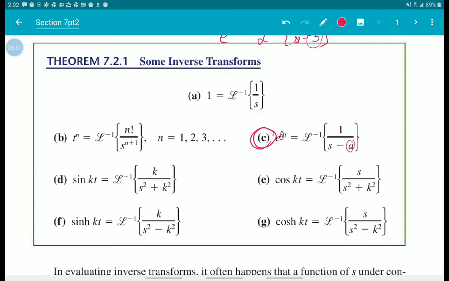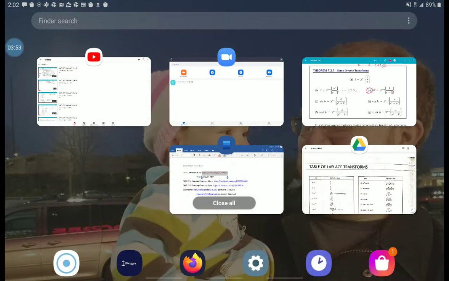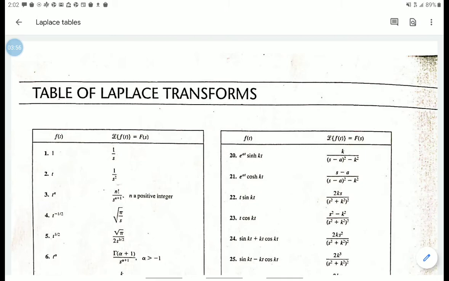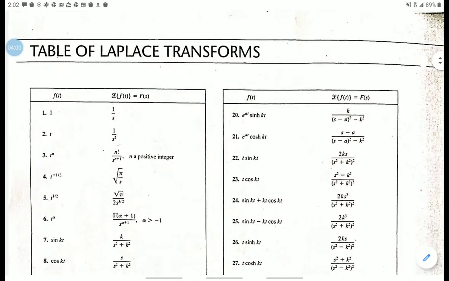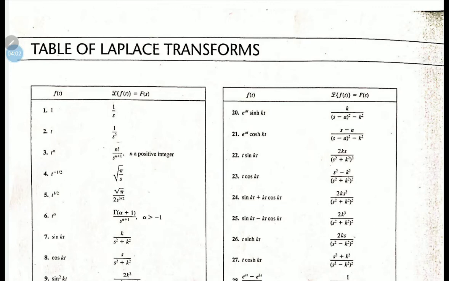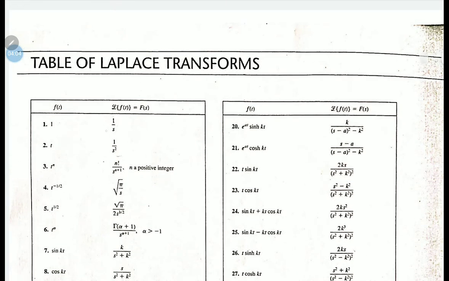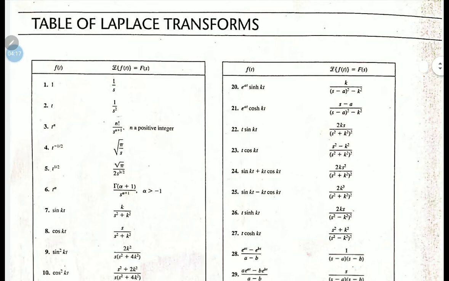We can actually get the same kind of ideas from our Laplace table of transforms. So you just have to think about what is this side, and then what do I need to do to get this guy back. So if we were to take the inverse Laplace of 1 over s squared, we're going to get t. So we're reading that table backwards instead of left to right to go into Laplace world.